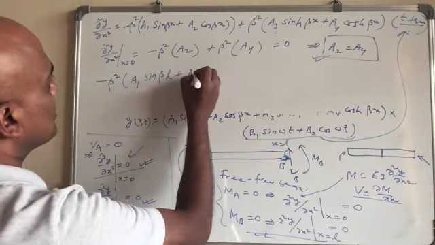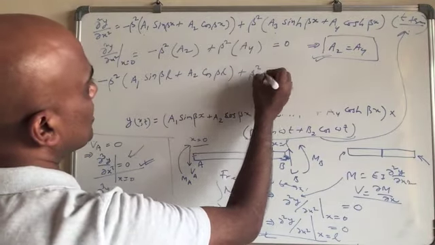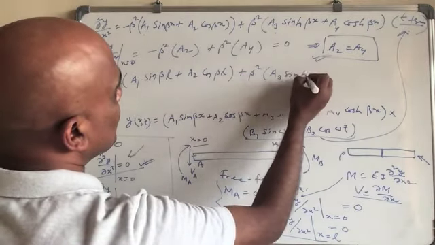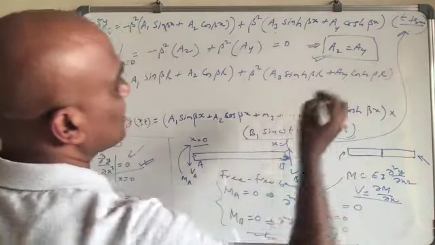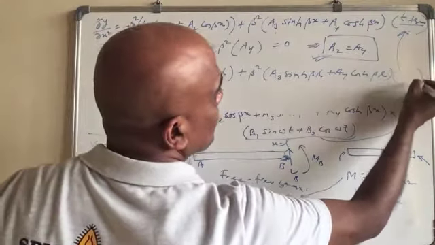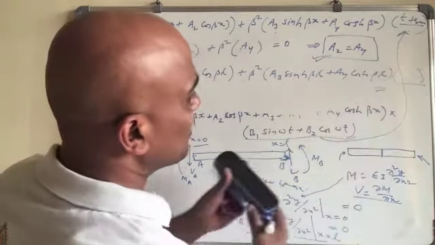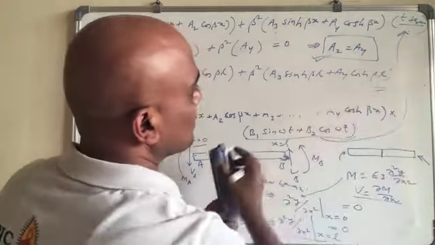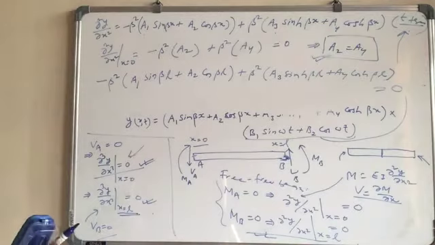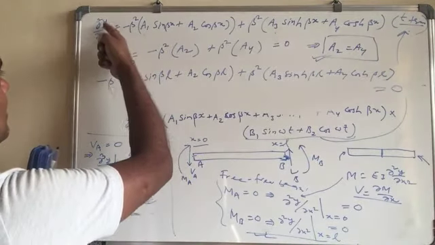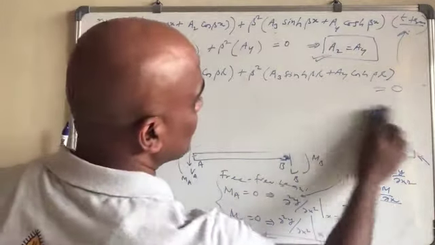So similarly you get A2 cos beta L plus beta square A3 sinh beta L plus A4 cosh beta L. Yeah, so the time term will be there, but this goes to the other side, meaning everything becomes equal to 0, right? And similarly the third derivative of this is also equal to 0.